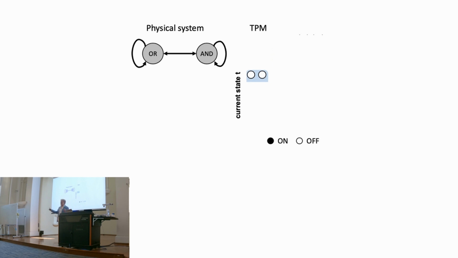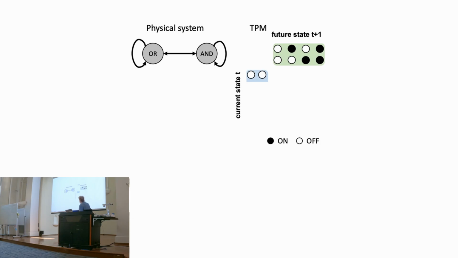What could happen? Well, there are 4 possible states. Both neurons are off, both are on, or one of them is on and the other one is off, or vice versa. So what I have now is a row where these neurons are off, and these are all possible future states. I'm denoting as t+1. You can choose the time step, whatever you want. So we're looking at a present state, at a state in the future of our choosing.